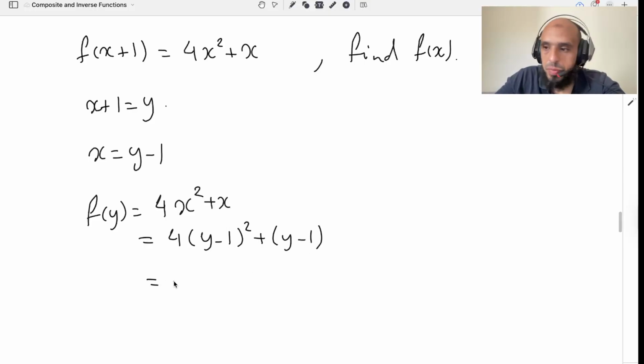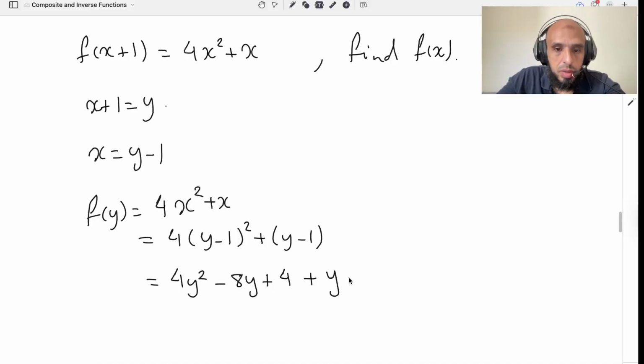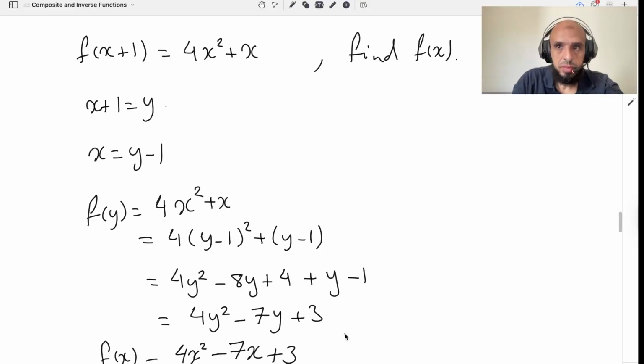So this is equal to 4y squared minus 8y plus 4 plus y minus 1, which is equal to 4y squared minus 7y plus 3.